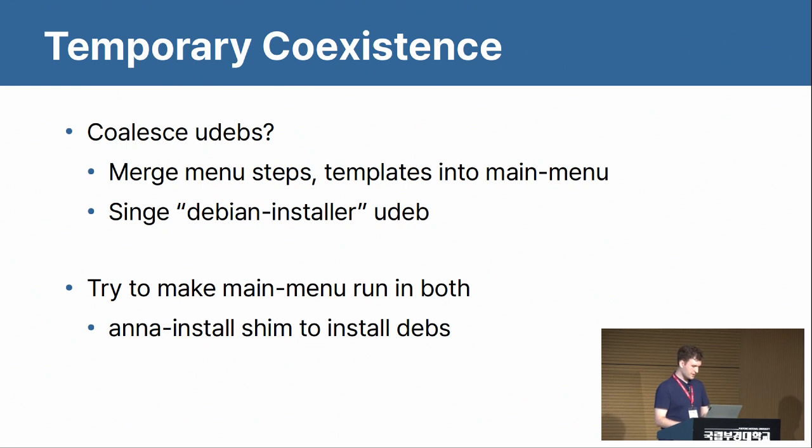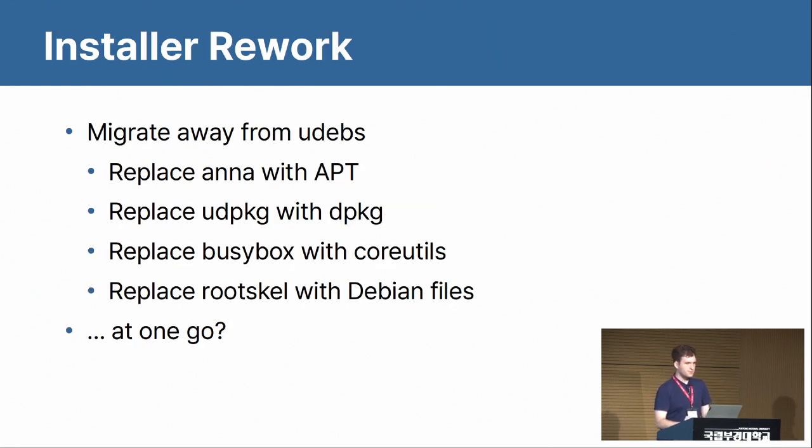After confirming that it can work like that, we can migrate the installer away from udebs by replacing anna with apt and udpkg with dpkg and all the other installer-specific stuff with Debian-specific stuff.